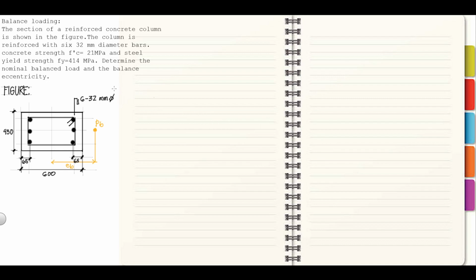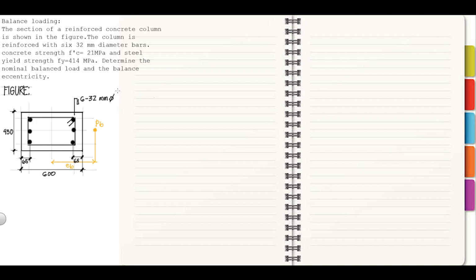So again, this is balance loading. It is similar to the balance design in beam. In balance design in beam, if you remember, it is under balance design if the compressive stress in concrete reaches yield, that is 0.003, and it will yield at the same time the steel yields.